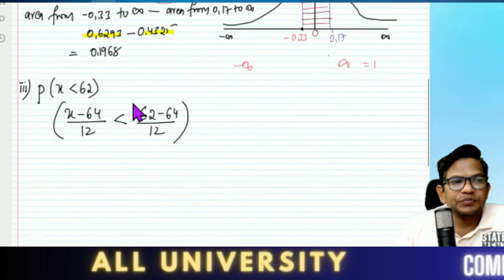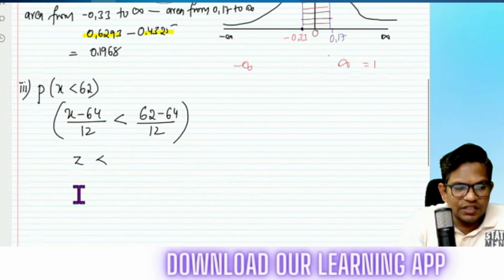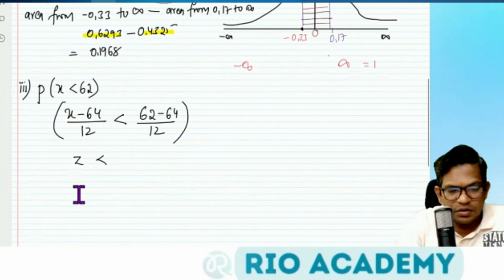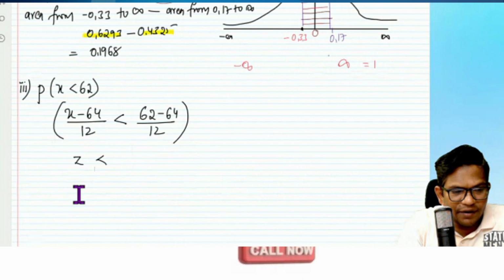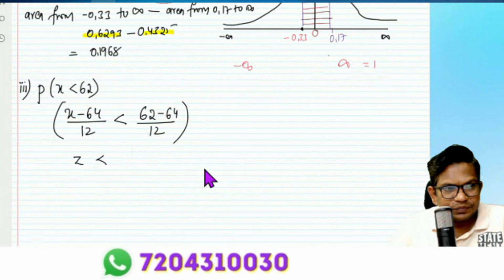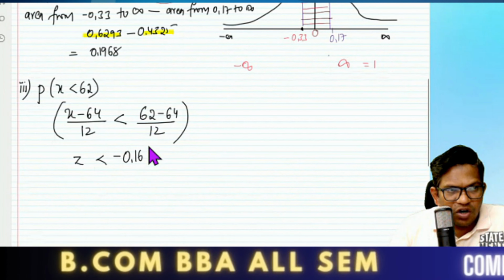So this will be your Z, less than 62 minus 64 divided by 12, which is minus 0.16, or you can make it 0.17.